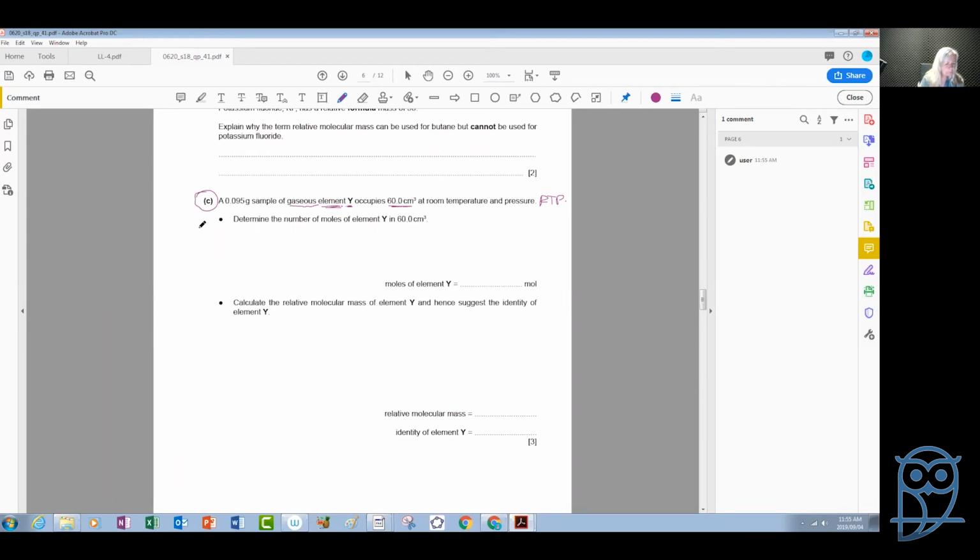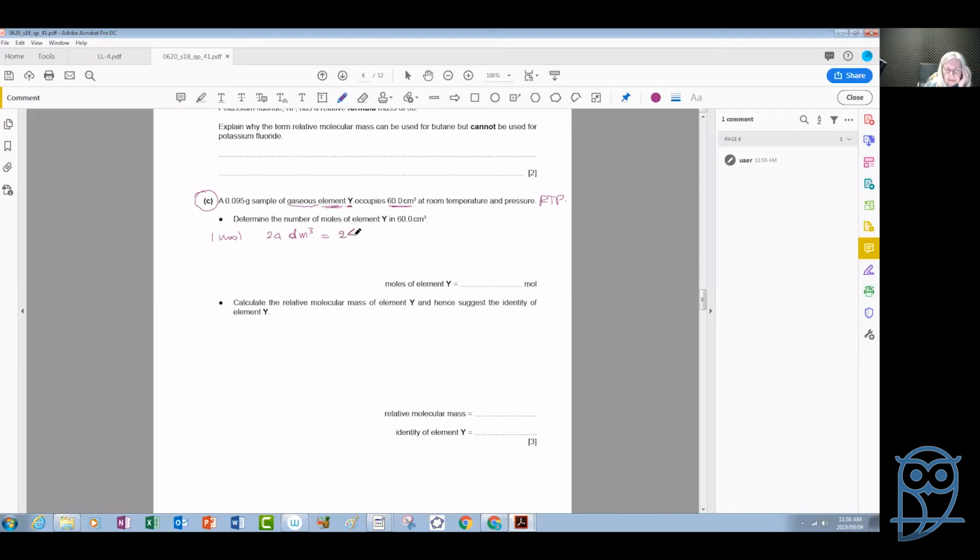So we know that 1 mole of any gas occupies a volume of 24 cubic decimeters, but here we are given cubic centimeters. We could change that, or vice versa, it doesn't matter.